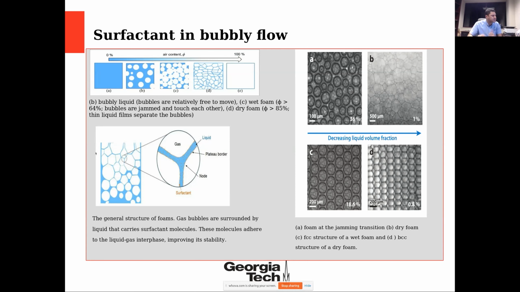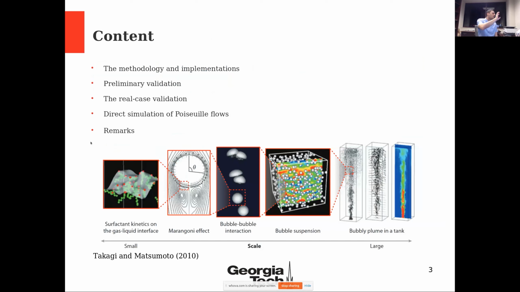And meniscus, which matters a lot in terms of coalescence and stresses or bubble interaction. What I show you is the implementation of the methodology, and then validation and some real cases, Poiseuille flow in general, and then I go to remarks.